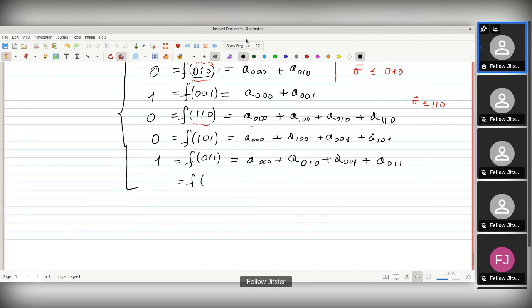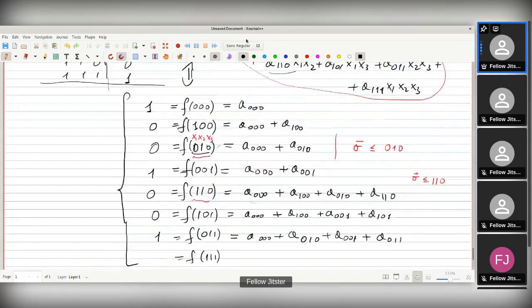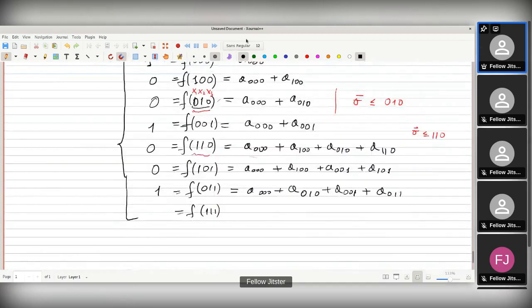And the last one, F of 1, 1, 1. According to the table, it is 1. And on the other hand, it is the sum of all my coefficients, all of them.